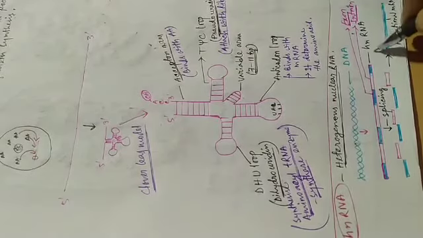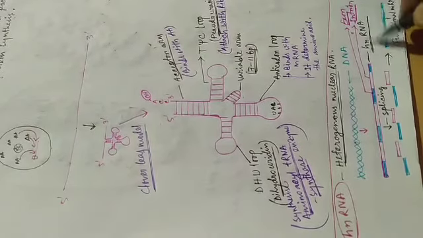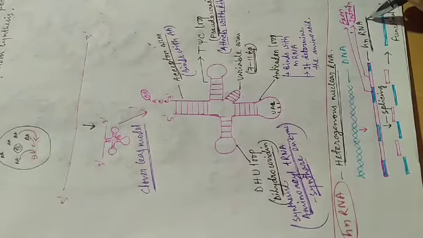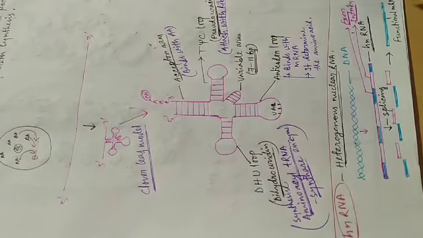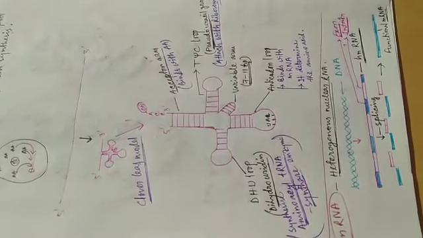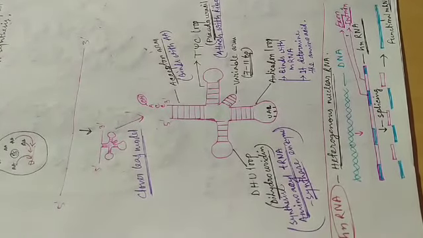Then what is hnRNA? hnRNA is the intermediate RNA produced at the time of transcription, meaning at the time of formation of functional mRNA. Okay. Thank you.